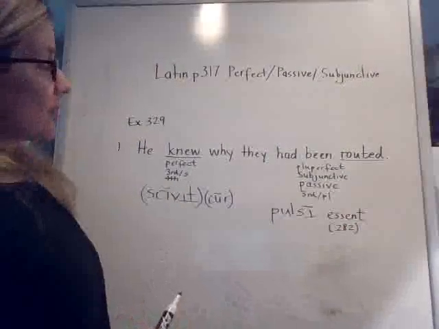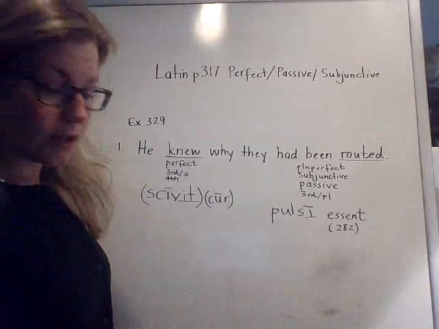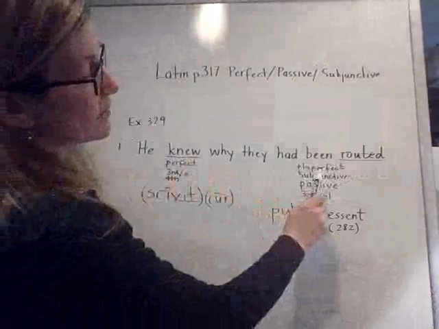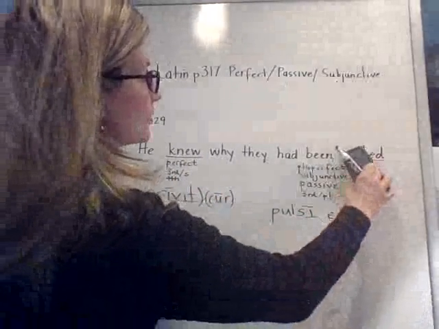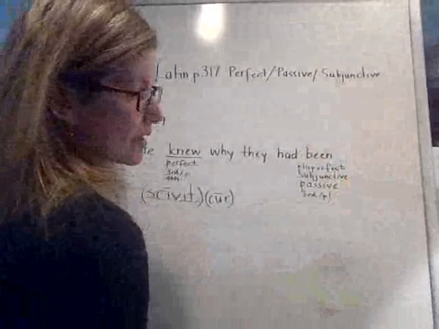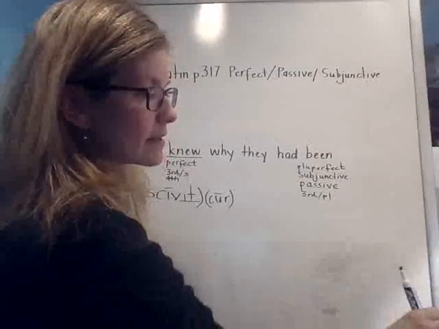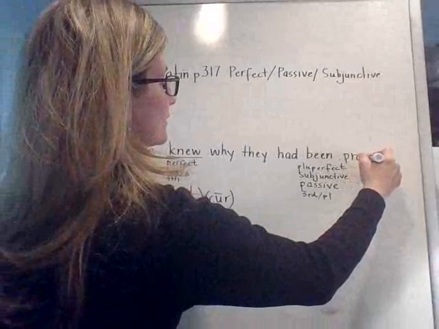Now in this exercise, they want you to practice translating several different verbs. This is, he knew why they had been routed. Let's see if we change the verb. The next one they want us to use is praised.